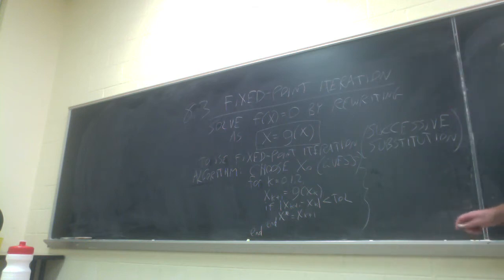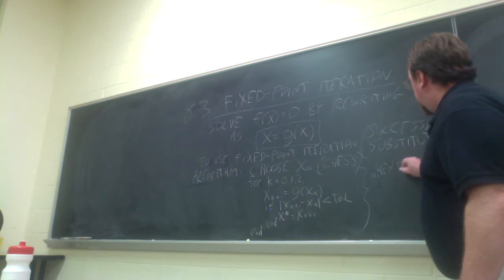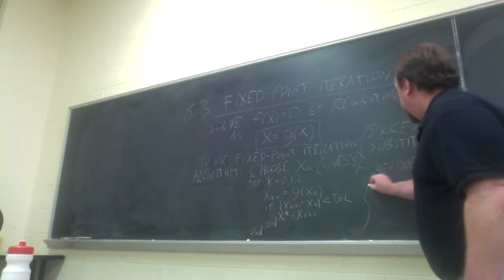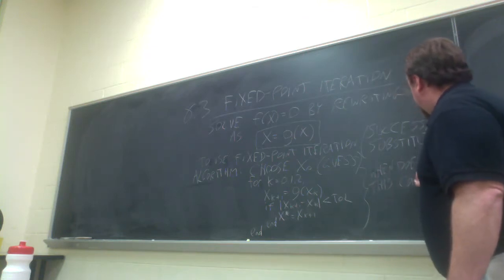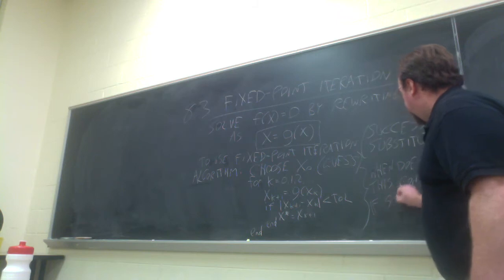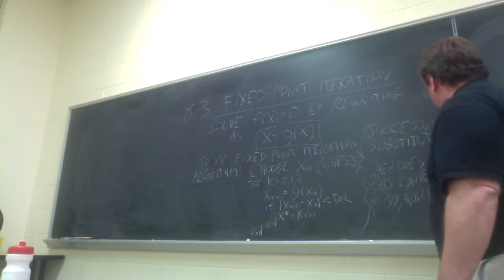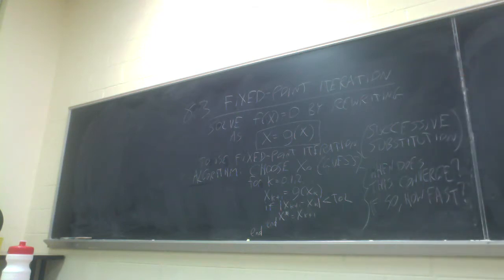So those questions which we'll tackle are, first of all, when does this iteration converge? And the second question is, if it converges, how rapidly does this iteration converge? So before we can feel comfortable using this method as an alternative to bisection or any other method, we need to know what's going on.